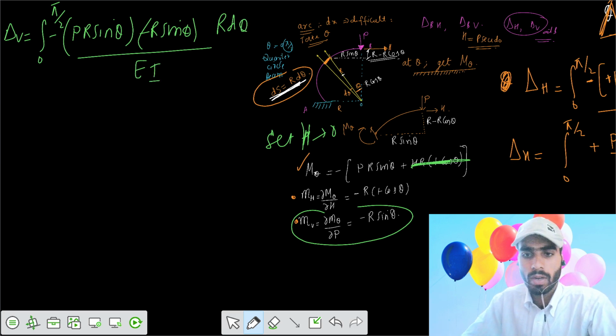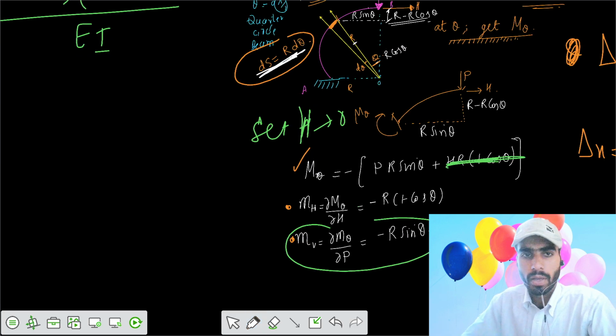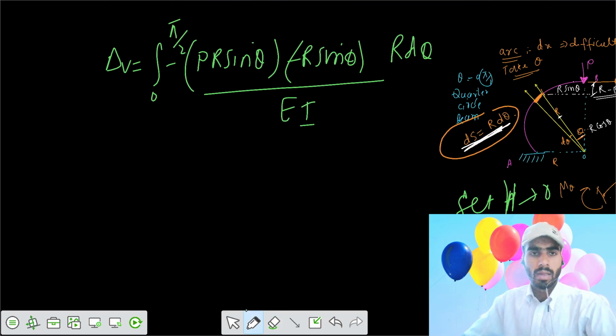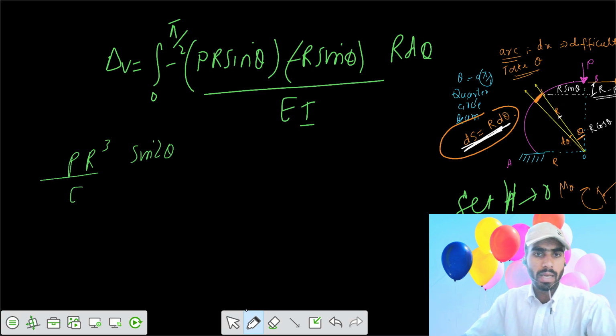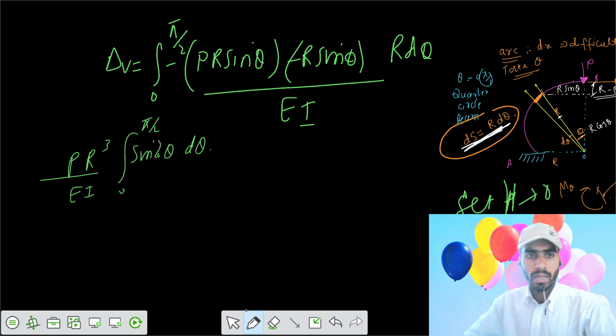If you calculate it, you can get the value that PR cube sine square theta by EI integral 0 to pi by 2 d theta. We have that sine square theta equals to 1 minus cos 2 theta by 2.